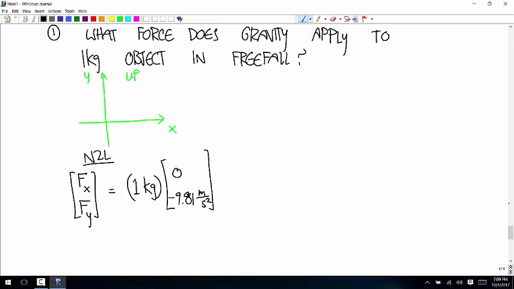And for these vector equations, we can do the x and y part of the equation separately. So we can think of this as two separate equations. The x equation says Fx is equal to 1 kilogram times 0. So that's 0.